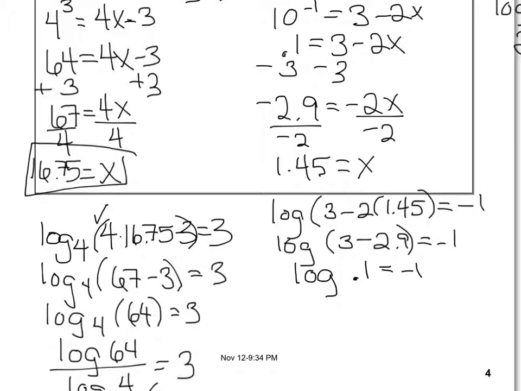Since this one is a base of 10, we can just type that directly into your calculator, and when you type in the log of 0.1, you should have gotten negative 1, which is what we also had on the right side. If you use the change of base form, then it'd be log of 0.1 divided by log of 10, and that would still give you negative 1. So that was another legitimate answer.